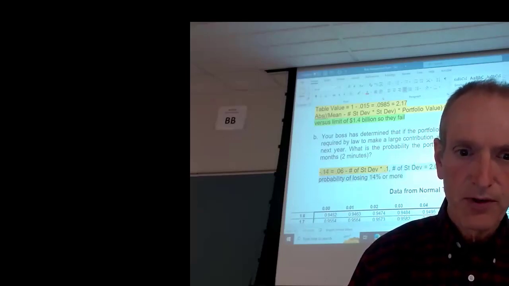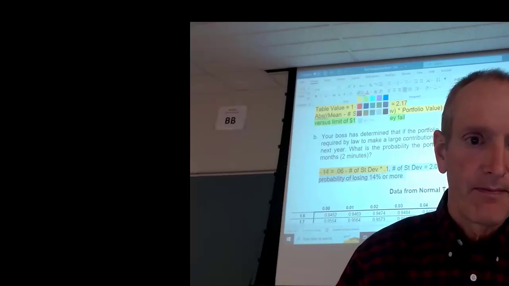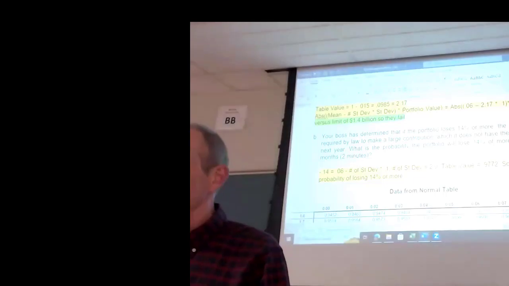What's their probability of losing 14%? Pretty close to 0. It's possible. So always put that or more in there. The probability of losing 14% or more, because we're talking about the tail to the left, everything to the left.